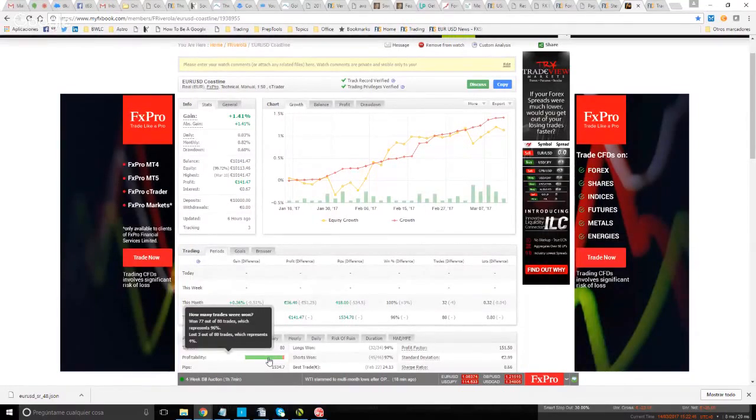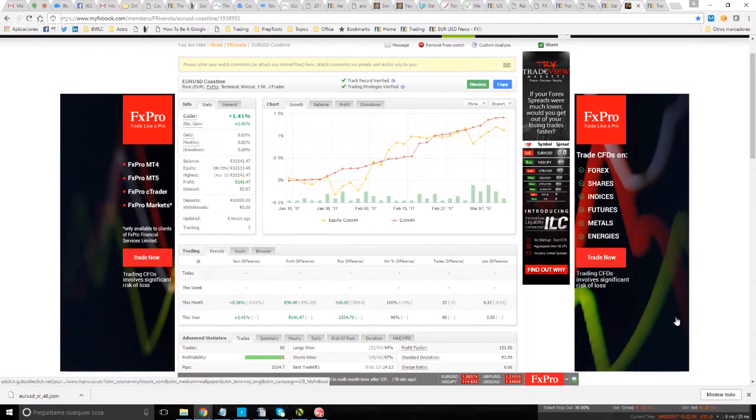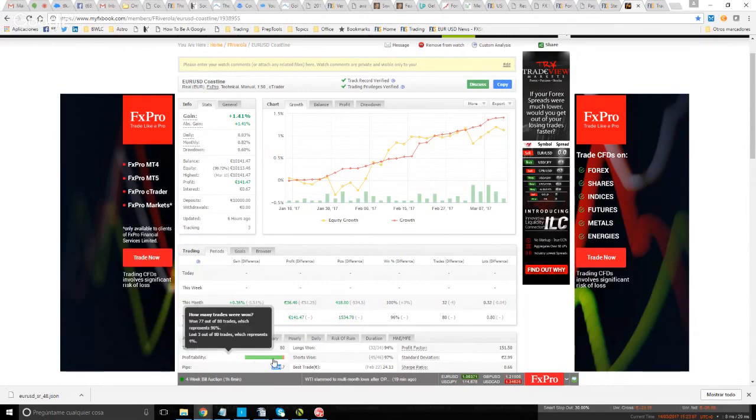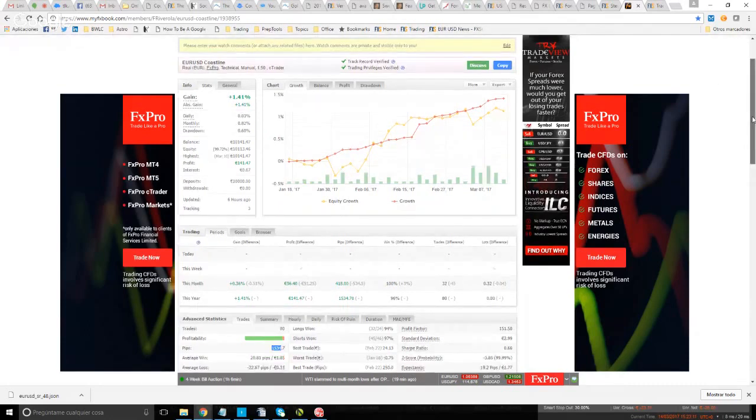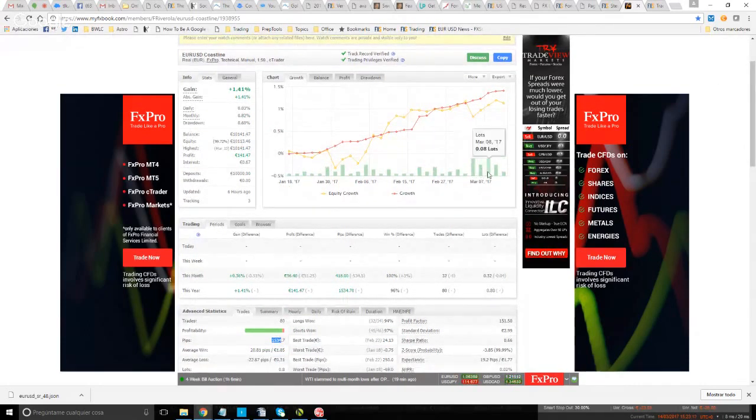We would start looking at all, the absolute gain: 1.41% in approximately 2 months of trading. We have 1,530 pips accumulated. Our win rate is 96% right now, and this was achieved really with very low leverage.